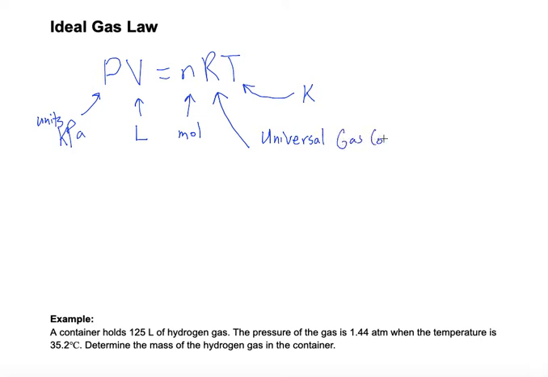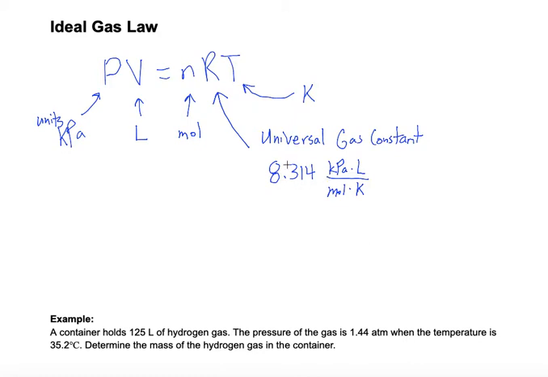So when we take a look at our universal gas constant, using units of kilopascals, liters, mole, and Kelvin, our universal gas constant is 8.314 kilopascals times liter divided by mole times Kelvin. Right? So that is your universal gas constant, that number, and that is the unit that it has.